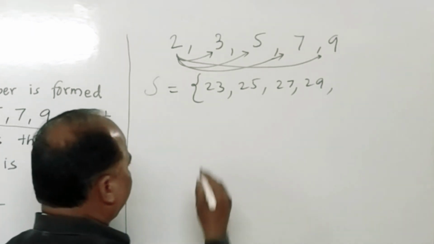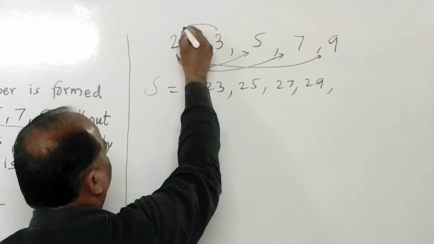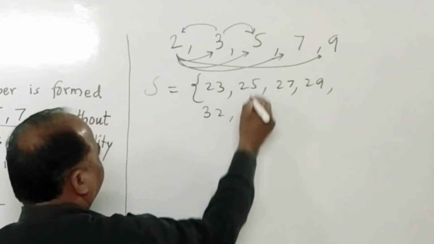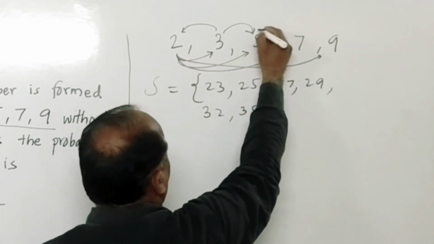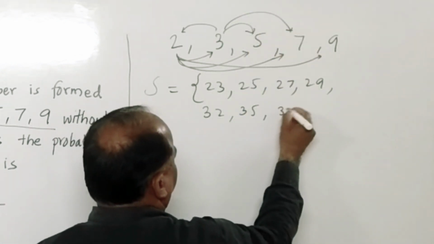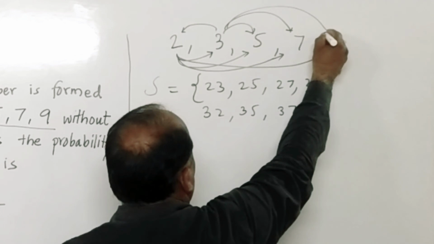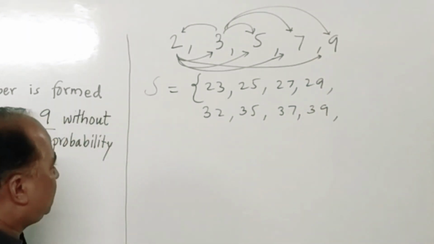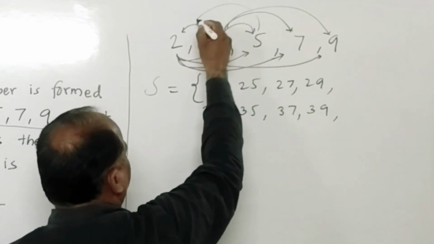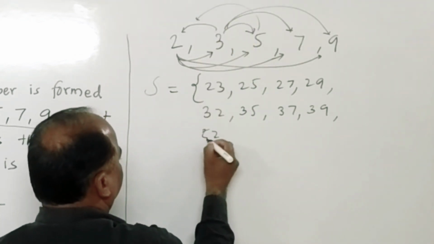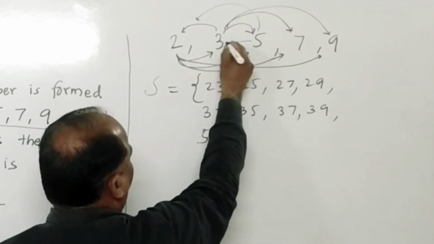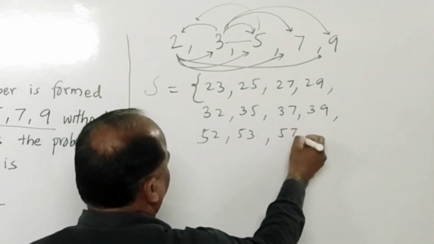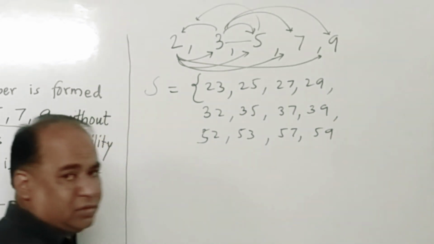Here there is no repetition. Now 3 will go with all the digits: 3, 2, 3, 5, 3, 7 and 3, 9. In the same manner, 5 will go with all the other digits: 5, 2, 5, 3, 5, 7 and 5, 9.